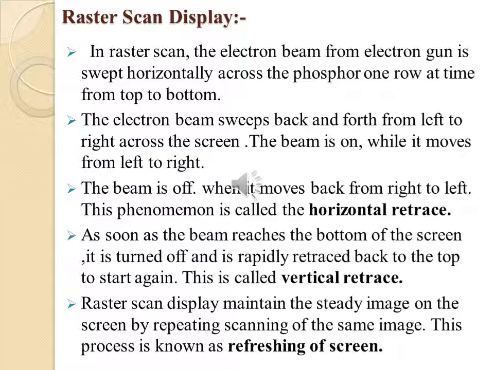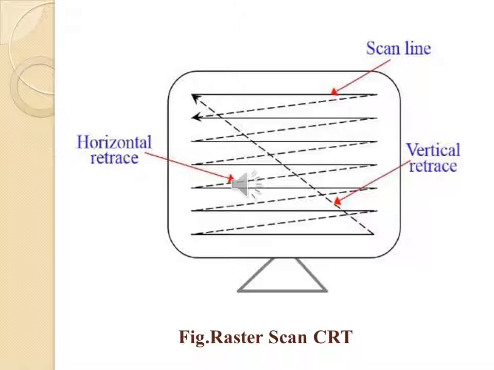retrace. Raster scan display maintains a steady image on the screen by repeatedly scanning the same image. This process is known as refreshing of the screen. In short, it is a scanning technique. The figure shows the raster scan CRT.